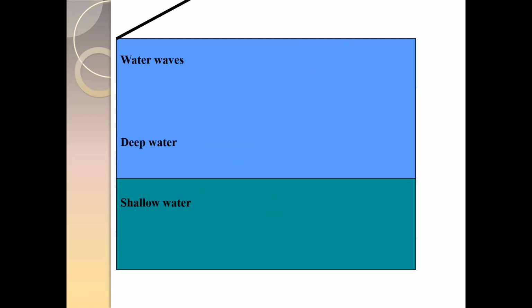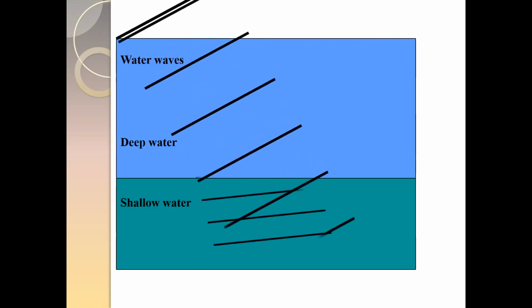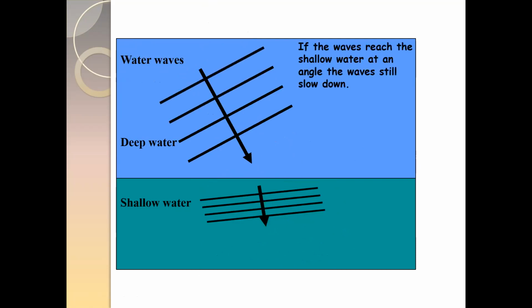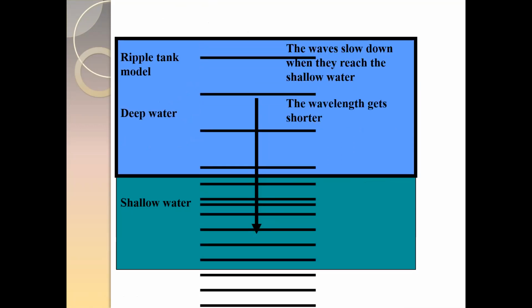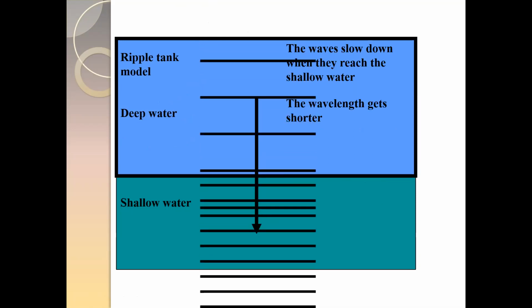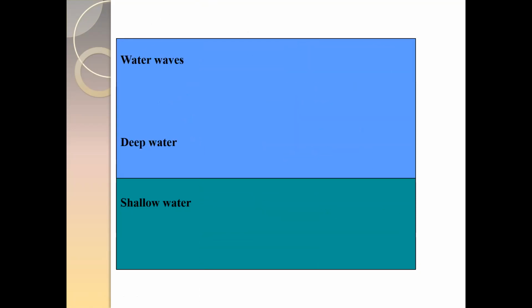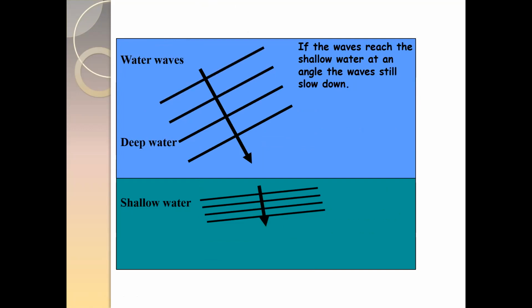But if the incoming wave is making a certain angle, then the wave will slow down as well as change direction. So the only difference between the two is that the first one was moving directly perpendicular to the boundary, but the second one is making a certain angle. That's why it changes direction as well.